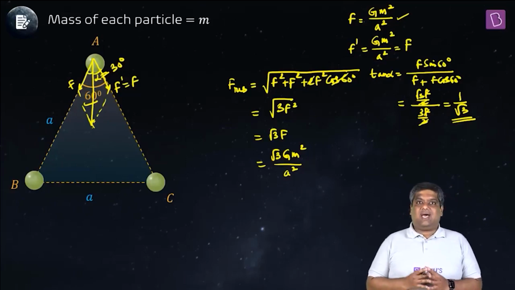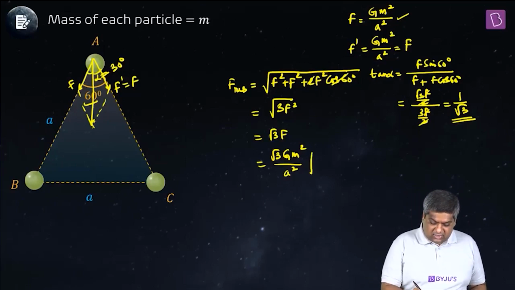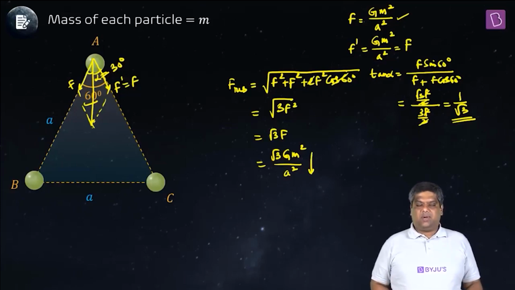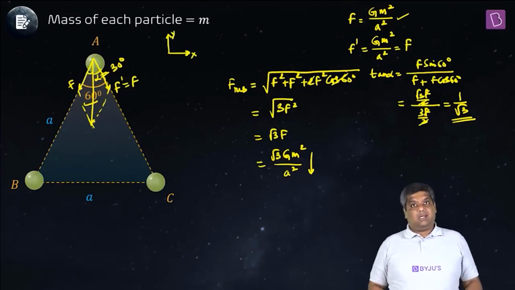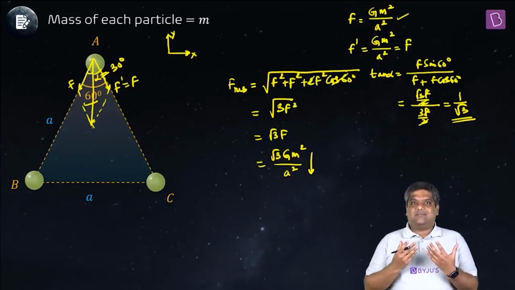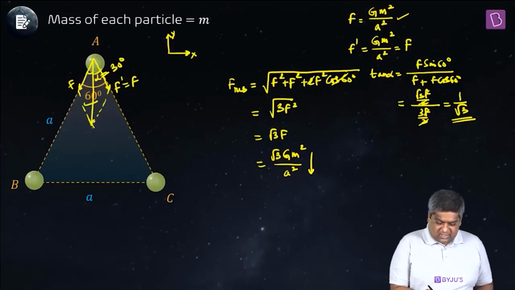So that means it has to be vertically downwards. So this force has to be vertically downwards. We had clearly defined horizontal along X and Y along the upper vertical. Now it's along the downward vertical. So as far as the unit vector is concerned, it is along the negative y-axis. So it is a minus j cap.